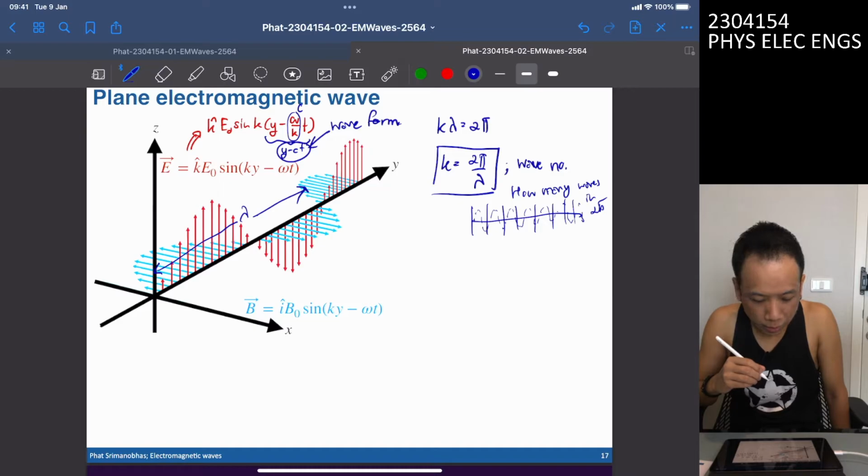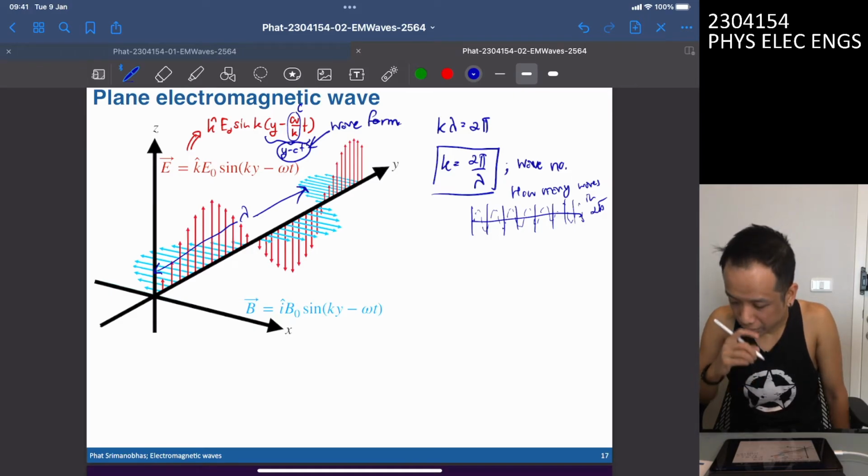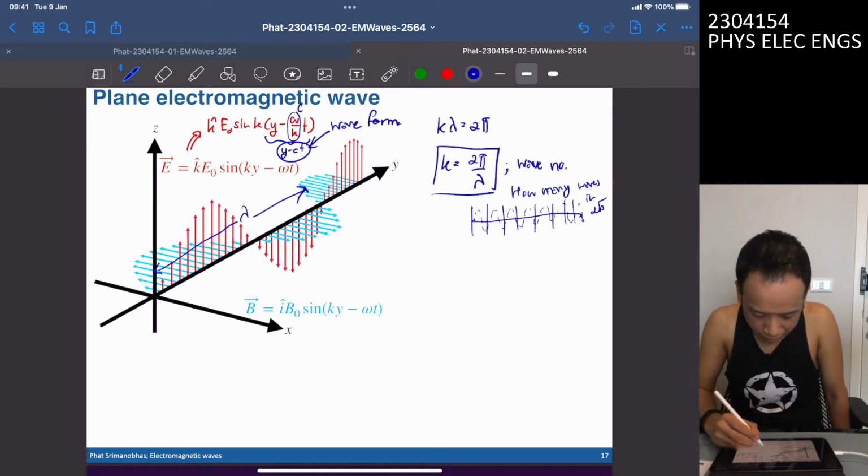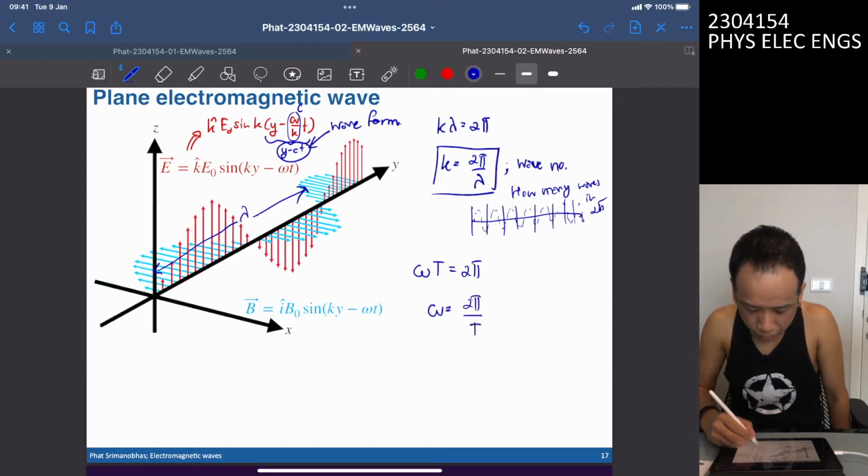You also know that the wave repeats in time. When the time equals the period, omega t equals 2 pi. Then you get omega, the angular frequency, equal to 2 pi over T, where T is the period, or equal to 2 pi f.